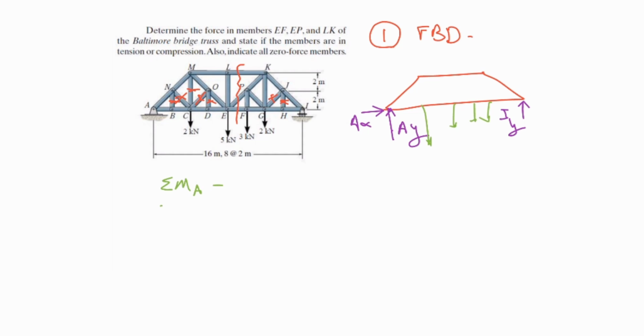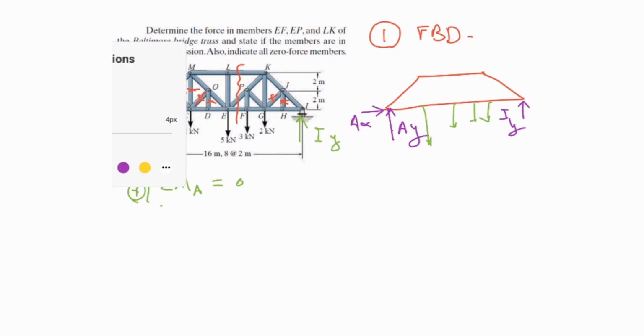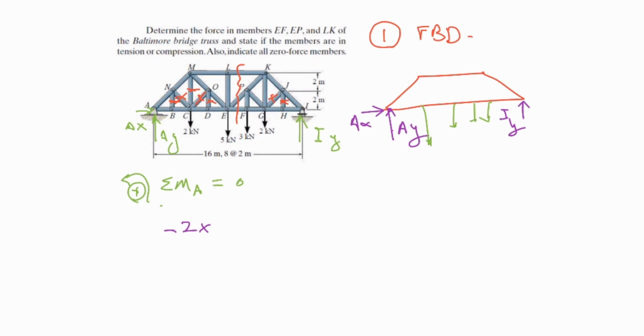By taking sigma M around A equal to 0, let's put the AX and AY here as well. That would be helpful. IY. And by taking sigma M around A, considering counterclockwise, equal to 0, I would solve for IY. Okay, let's get started. I would have minus 2 times its arm.